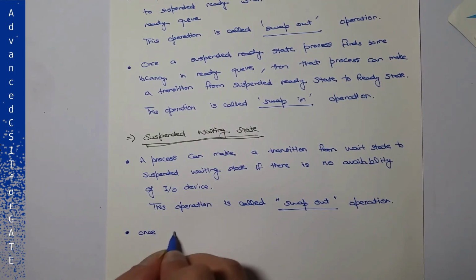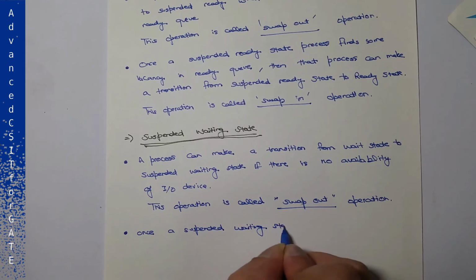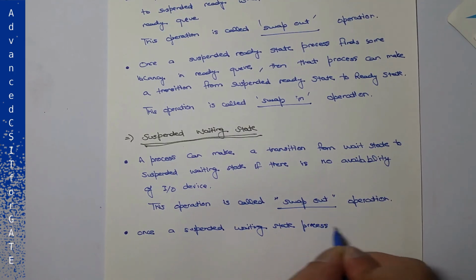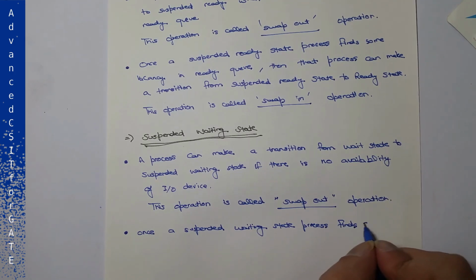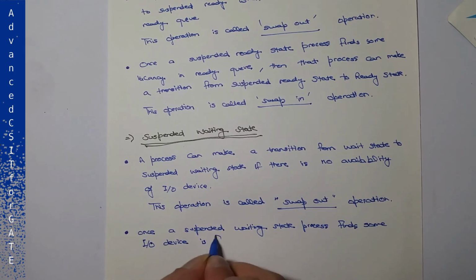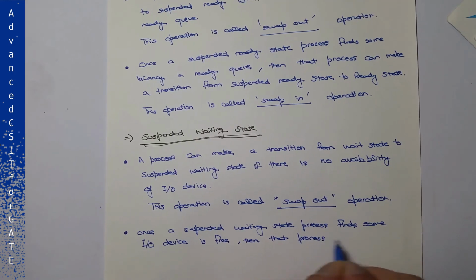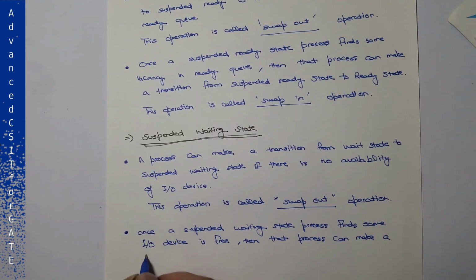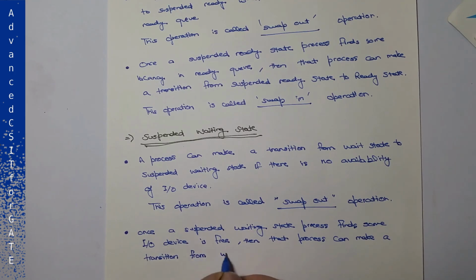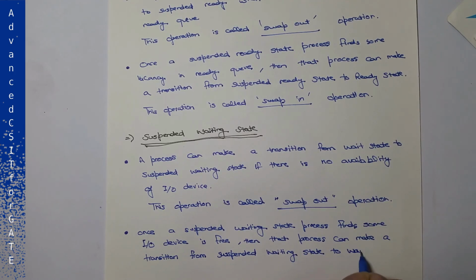Now again, once its suspended waiting state process finds some IO devices free, then that process can make a transition from suspended waiting state to wait state.